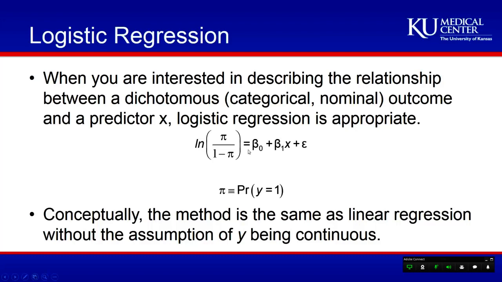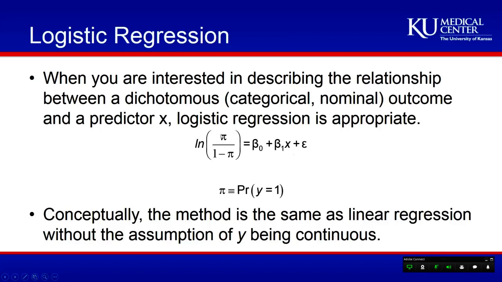Again, this right-hand side is still the equation of a line, but instead of X predicting Y, X is predicting essentially some function of the likelihood of this event occurring. So if Y is death, for instance, death either occurs or it doesn't, so it's a dichotomous outcome. I might be interested in predicting the risk or the odds or the likelihood of death occurring as a function of some predictor, X. And that's what this model will do.